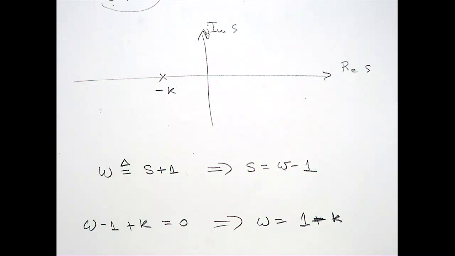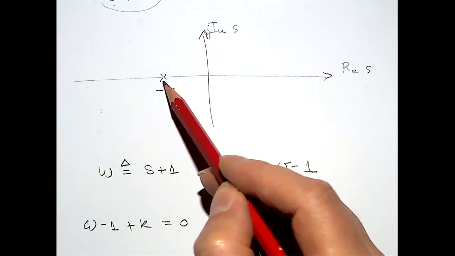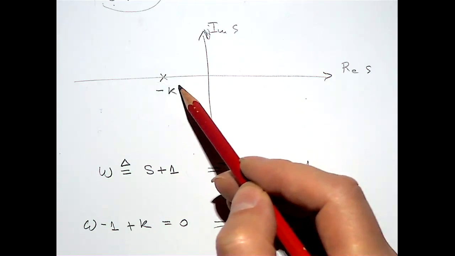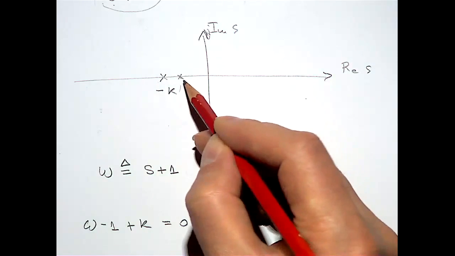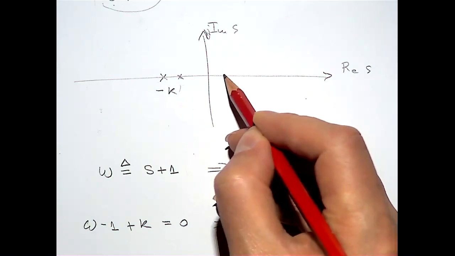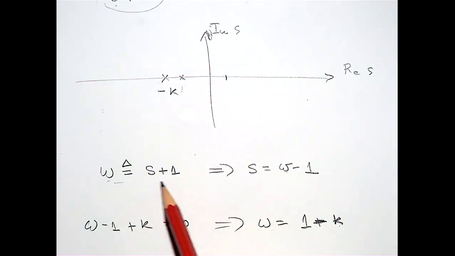But then, look, what does this mean? Well, w now is, I'm adding 1. So if k was in absolute value larger than 1, w now is somewhere here, but the point is I shifted the real axis by 1.